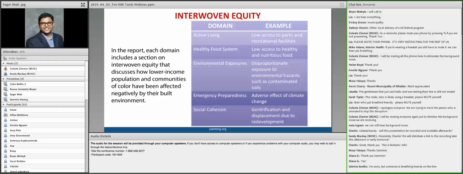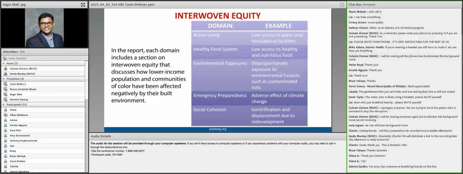We also define what each subdomain means. So we define active living, we define climate change, etc. Then we discuss why it is important for population health, and the role of planners in particular in improving health in that domain. Then we provide the metrics table, and then we talk about interwoven equity as a separate section.